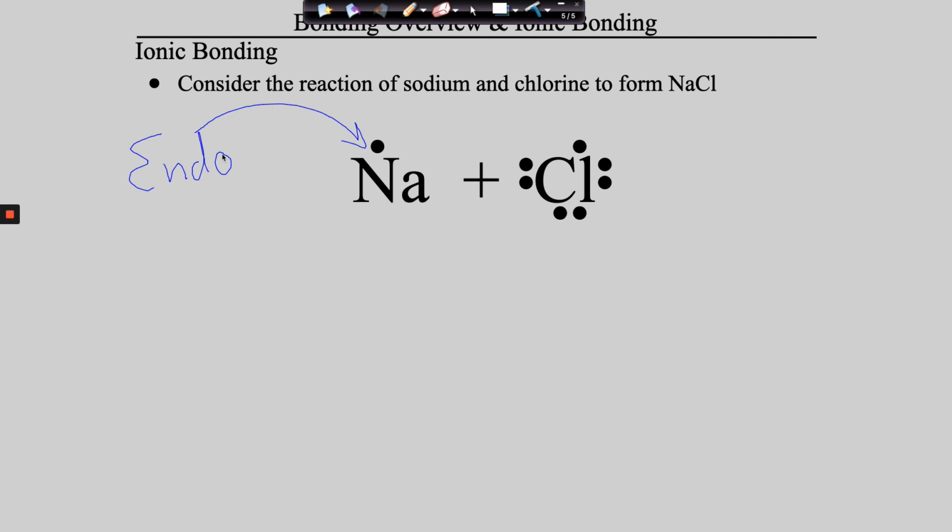I'm going to show you a video in just a minute: where does the energy come from? But it's endothermic, so is it spontaneous? No, right? Sodium is not just going to be hanging out, chilling, going, hey, yo, I'm giving away electrons, because it's endothermic, and as a result, it's not spontaneous. So we need an outside energy source to make it happen, and we'll talk more about that in a minute.